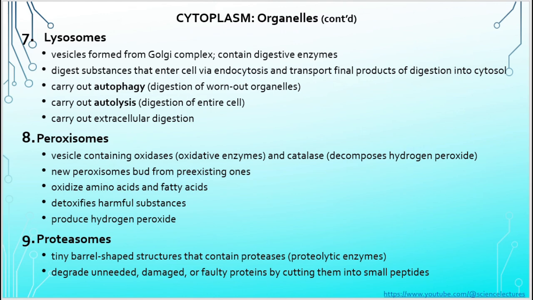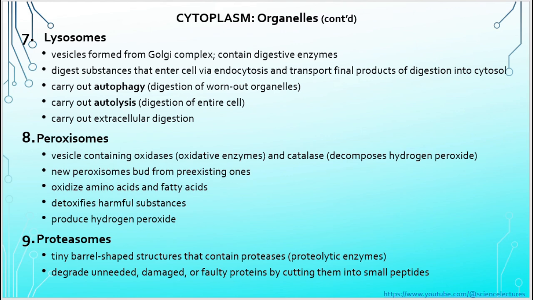For example, amino acids and fatty acids are oxidized in peroxisomes as part of normal metabolism. In addition, enzymes in peroxisomes oxidize toxic substances such as alcohol. Thus, peroxisomes are very abundant in the liver, where detoxification of alcohol and other damaging substances occurs.